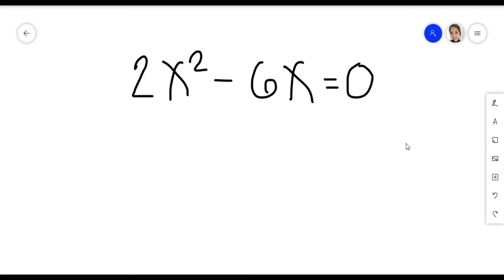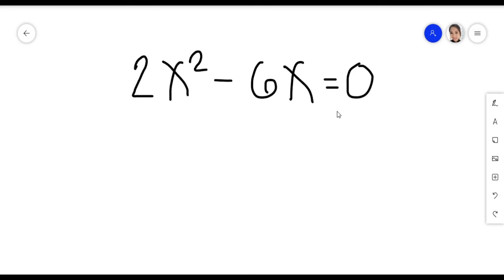For the next example of determining whether a quadratic equation is factorable, we have here 2x squared minus 6x equals 0, where our quadratic term is 2x squared and our linear term is negative 6x. So we don't have the constant term here, but it's not a problem. We can still determine if this quadratic equation is factorable.